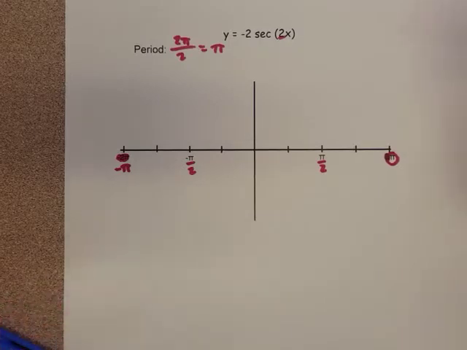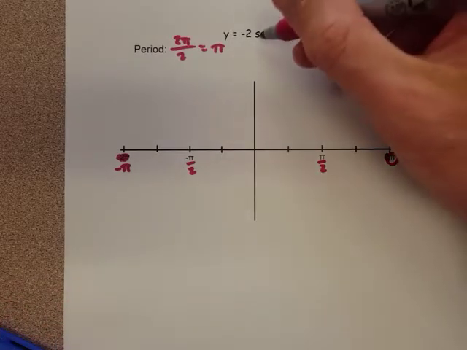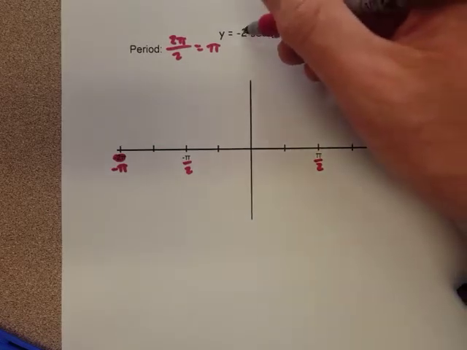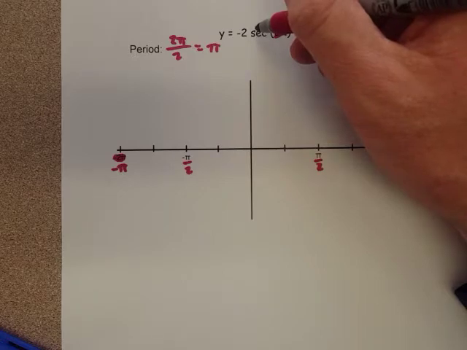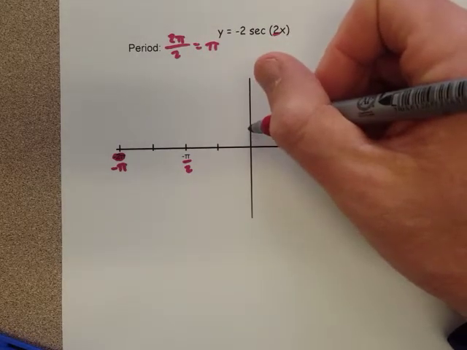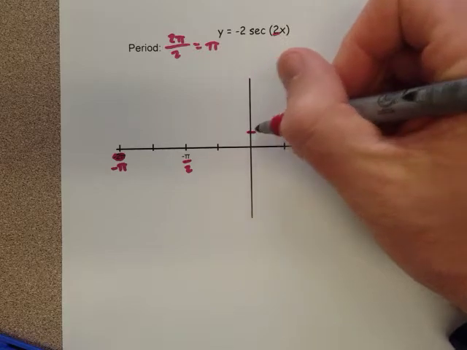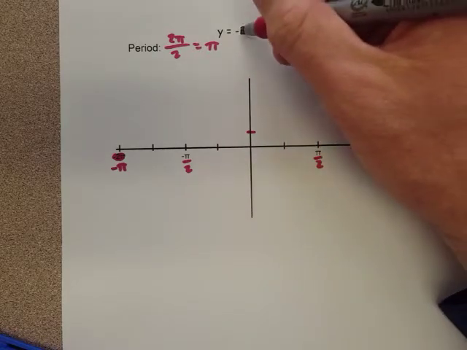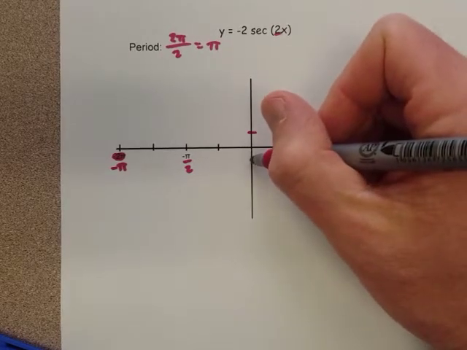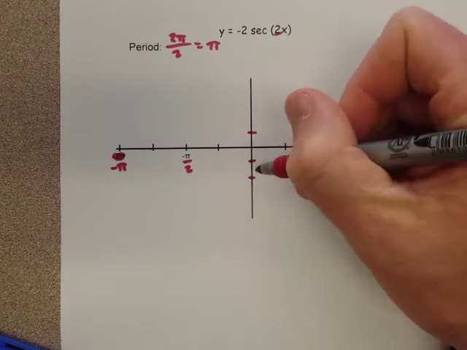All right, now since it's secant, we want to do the appropriate cosine graph for that one, noticing that negative 2 is in front there. Normally with cosine, we would start at 0, 1. But in this case, it's multiplied by negative 2. So we're going to multiply that 1 by negative 2, and start down at negative 2 for the cosine.